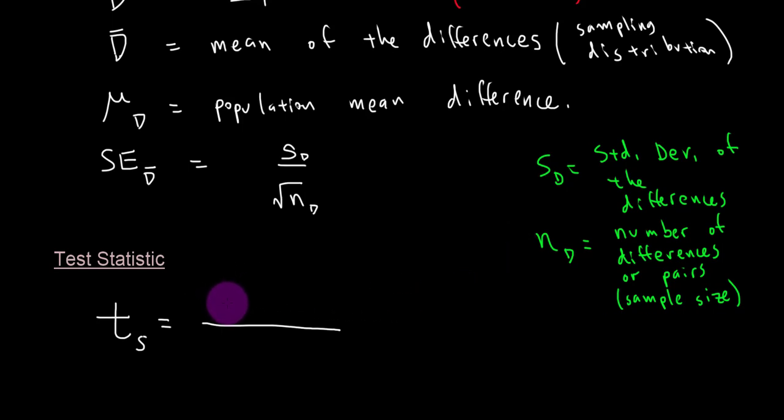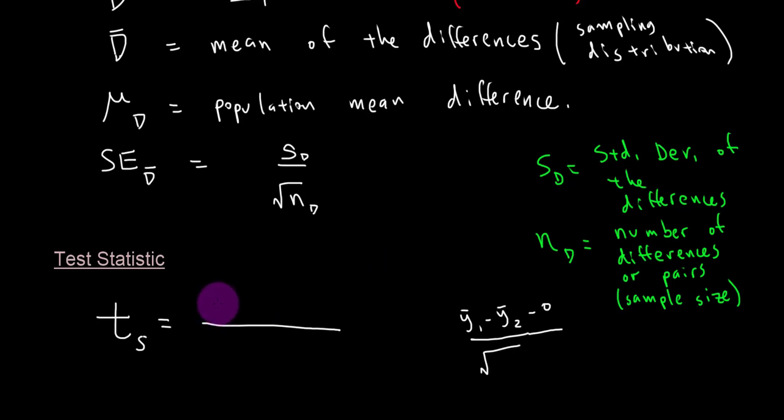And so this starts off with some sort of average. Remember with the regular two-sample t-test, it's sample mean 1 minus sample mean 2, and downstairs there's that big square root standard error. Technically there's a minus 0 there. So this test statistic for the paired test is going to look very similar, except it needs to be applied not to the individual sample means, but to the mean of the differences.